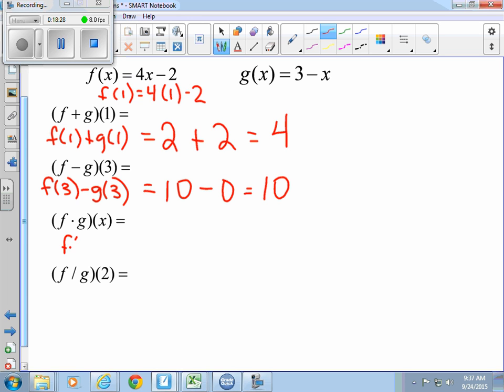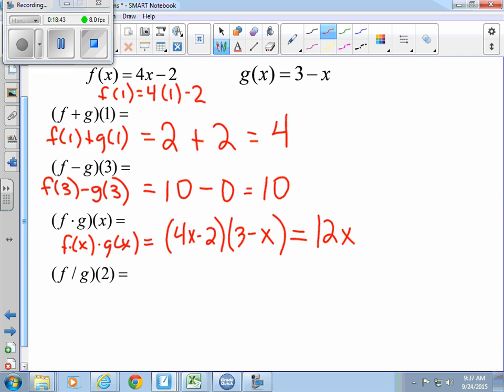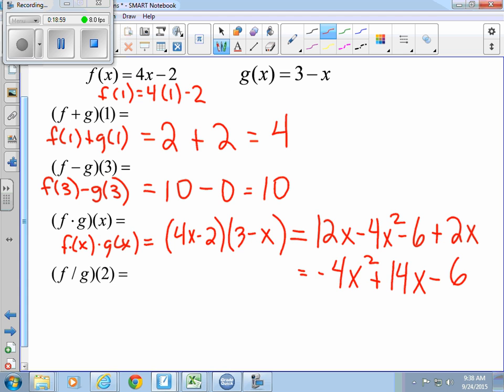It's f of x times g of x, which is 4x minus 2 times 3 minus x, which is first, outer, and last, 12x. Combine like terms and then stop.